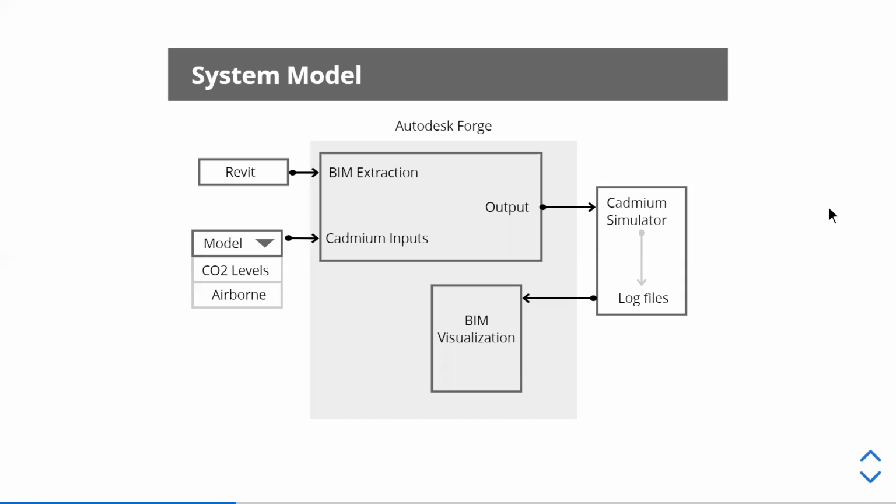So I came up with a conceptual model where the designers or engineers are able to select the Revit models and define the type of simulation they would like to see, like CO2 levels or the spread of airborne particles inside the building. Then the system generates an output that is readable for Cadmium Simulator. Then we would like to visualize the output results back in the BIM models.